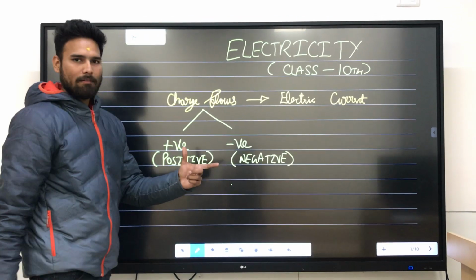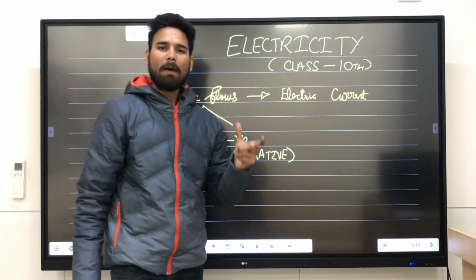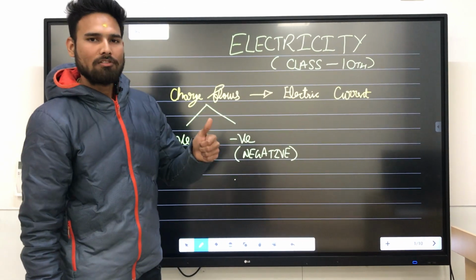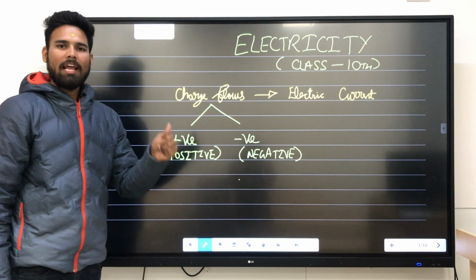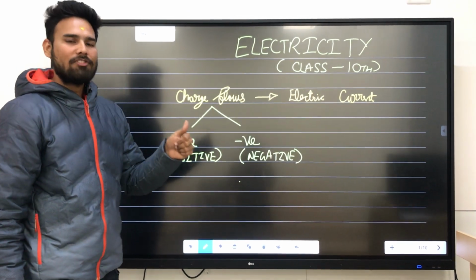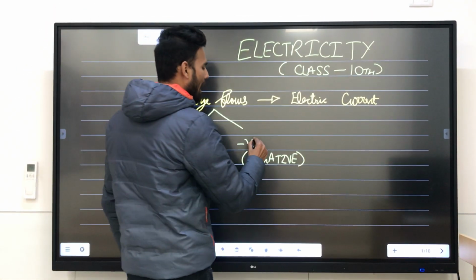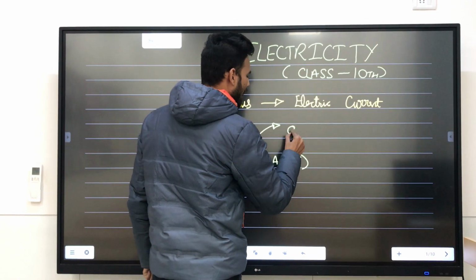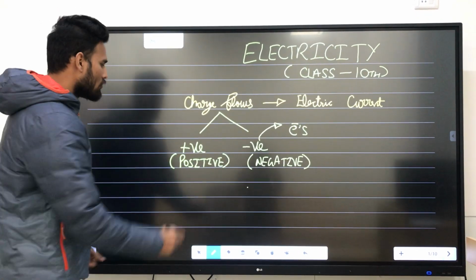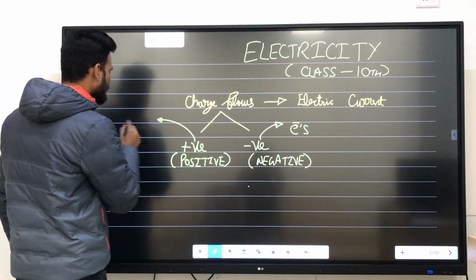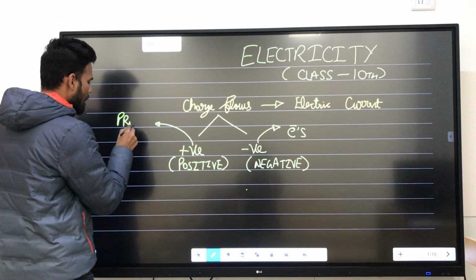Now, in an atom, there are subatomic particles, which are electrons, protons and neutrons. Electrons carry the negative charge, and protons carry the positive charge.